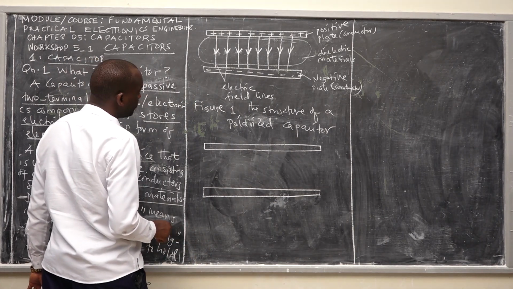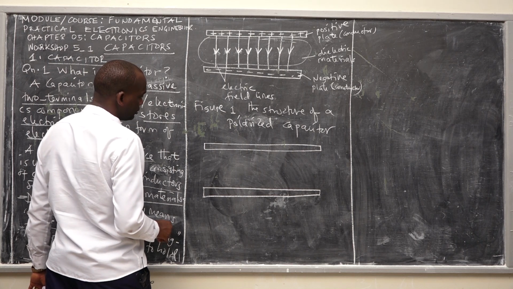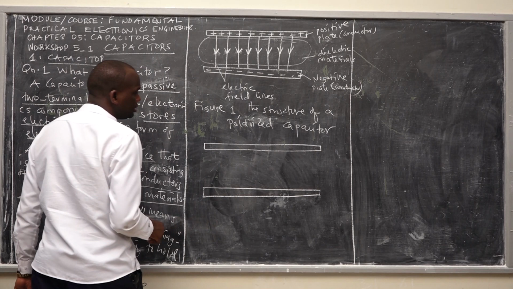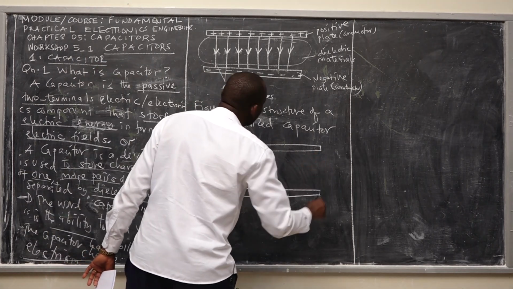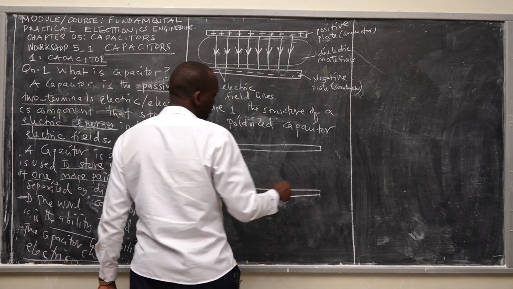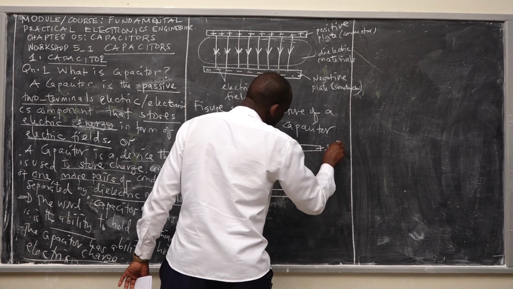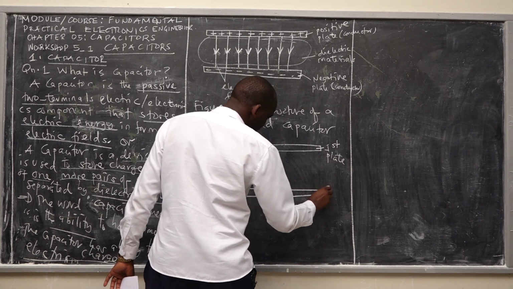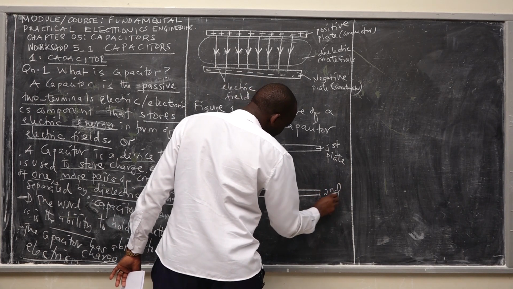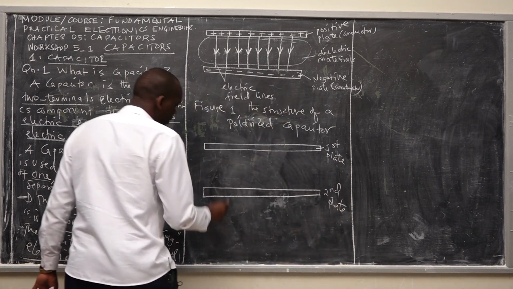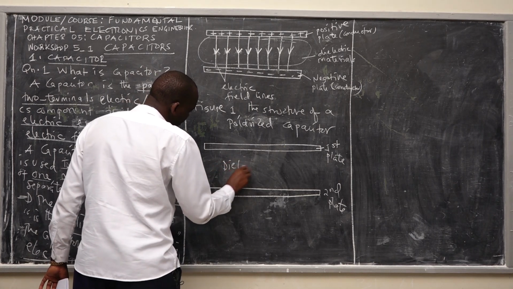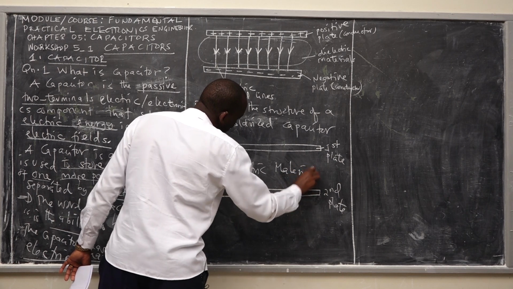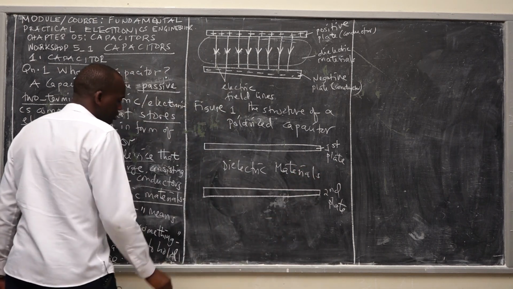So you have these two plates. Then say that this is the positive plate. So this is the first plate, and this is the second plate. And here we have the dielectric material.